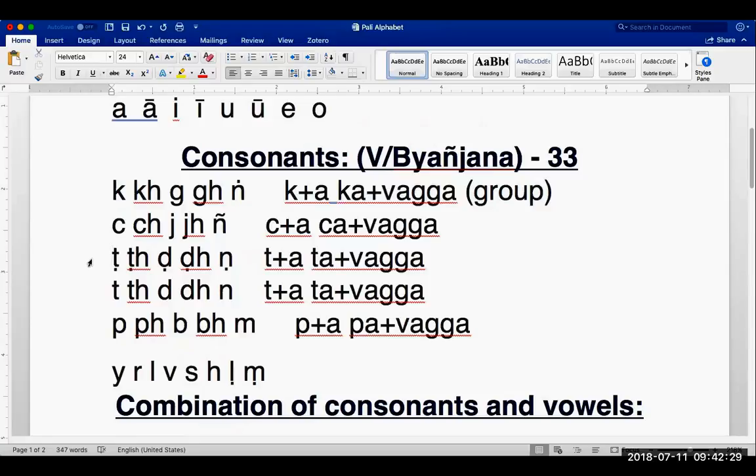Ta, t, da, d, n. And r and l. You see there is a dot underneath. So this r and this l, with the tavagga, are called muddhaja. They are called muddhaja. So this is the palate, the upper palate.